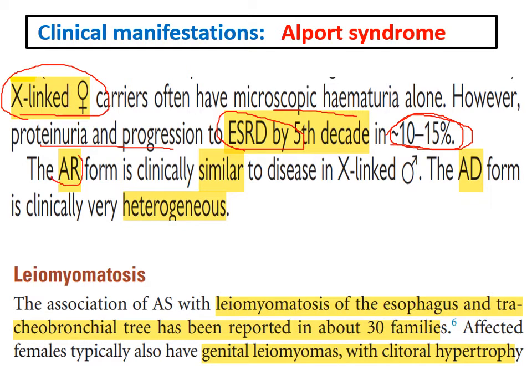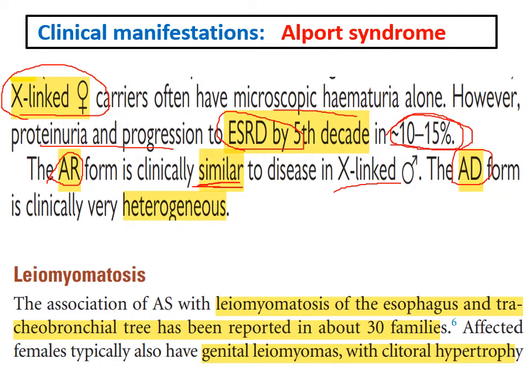What about the autosomal recessive? The autosomal recessive form has similar clinical features and natural history to X-linked males. So it is also aggressive, but the autosomal dominant usually has a more benign and milder course.